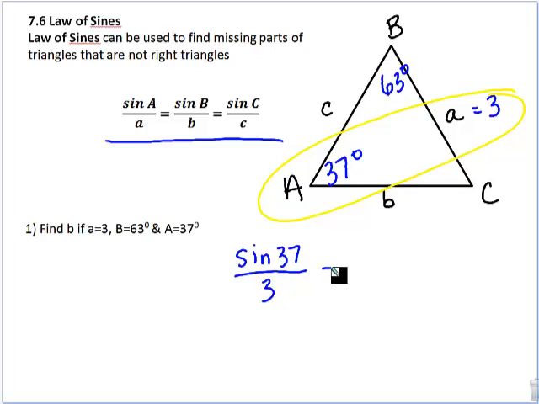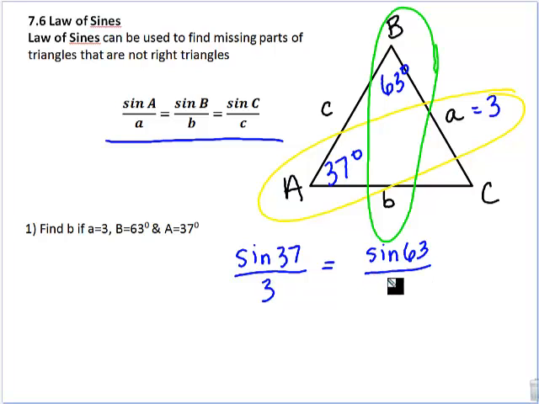This is equal to, now what's the other piece of information we know on our triangle? The 63 over your side b. So it is equal to the sine of 63 over your side b. It's always going to be sine. Now we can cross multiply.